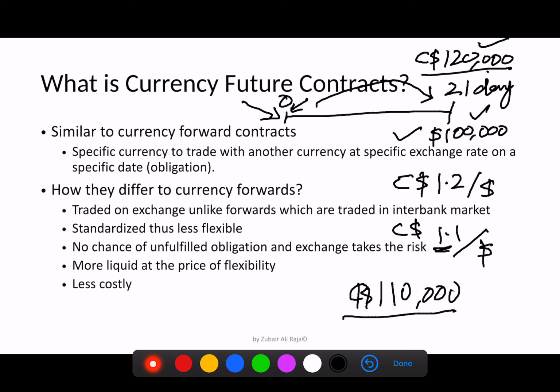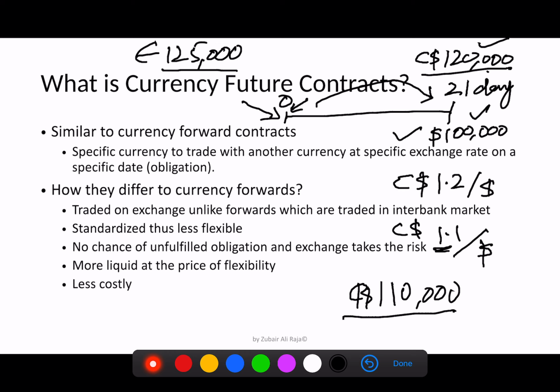For example, if you are expecting to receive euros after say 3 months, and that is say 125,000 euros, and you are an American citizen in this case, you go to the exchange and agree to sell 125,000 units of euros, and you can only do it if each contract on the exchange is of this size.